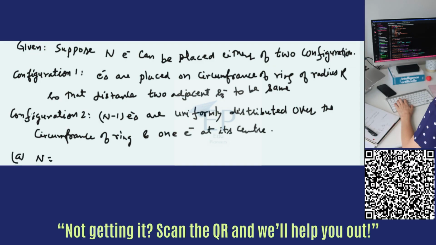We have to find the value of n for which the energy of the second configuration is less than that of the first.